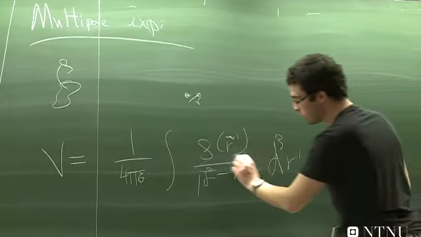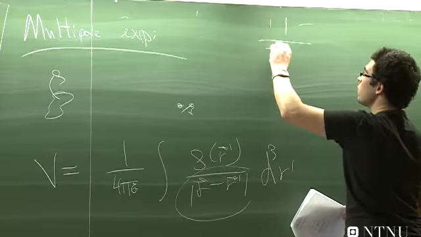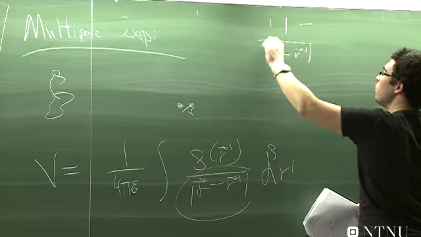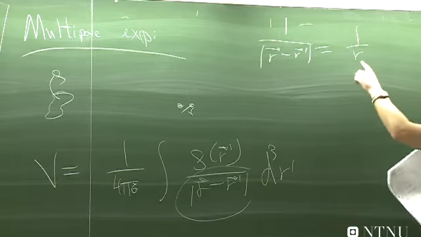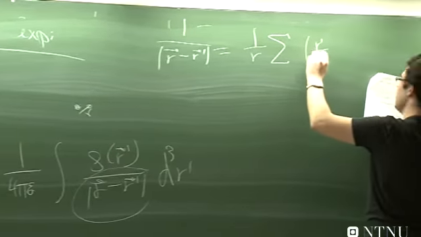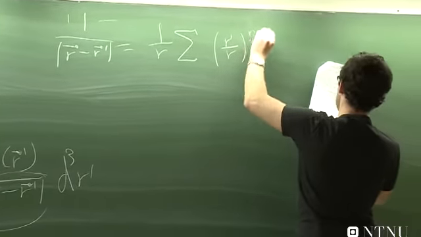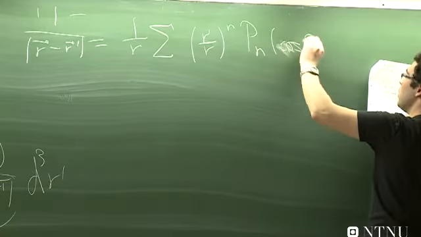Then we can multipole expand this denominator here, meaning that 1 over the magnitude of r minus r prime can be written as 1 over r, the unprimed r, times the sum over n of r prime divided by r to the power n, times Pn of cos theta.